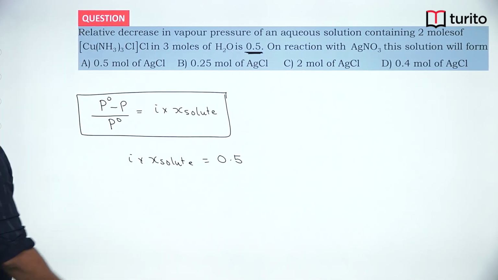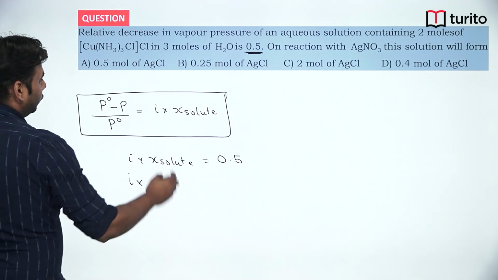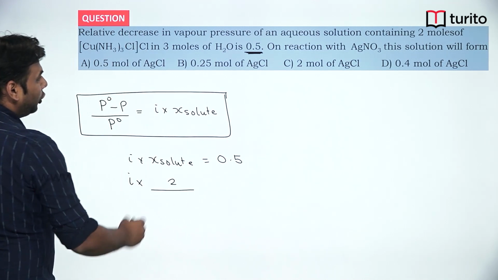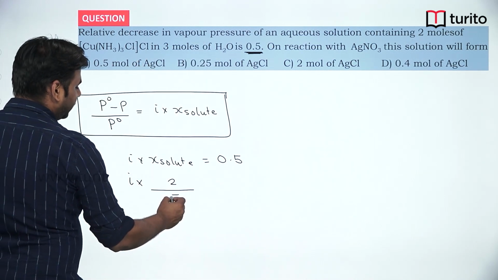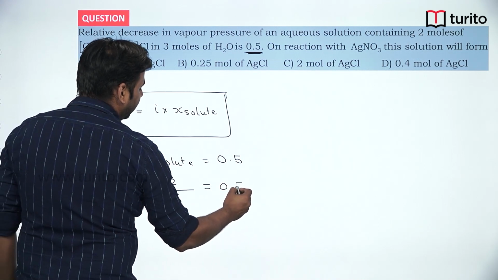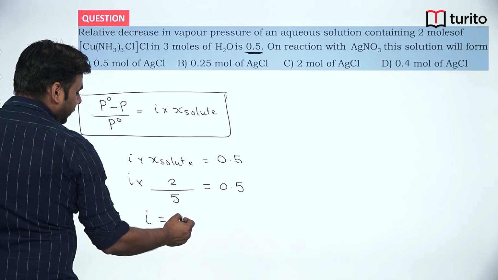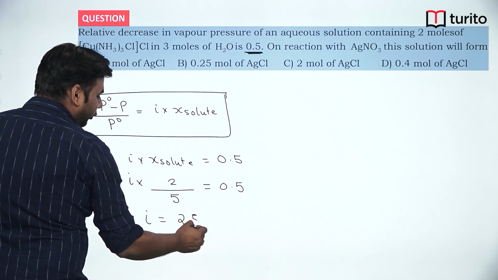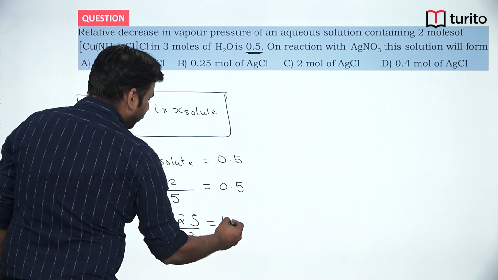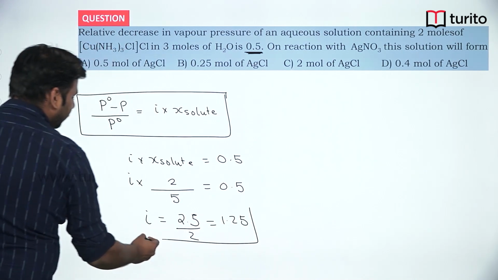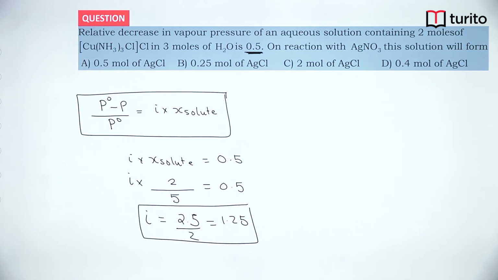The mole fraction of solute would be moles of solute, which is 2, upon total moles, which is 2 plus 3 because 3 moles of water is there. So this is 5, and this is equal to 0.5. So i is 2.5 upon 2, since 5 into 0.5 is 2.5. So i is 1.25. Van't Hoff factor of this complex is 1.25.